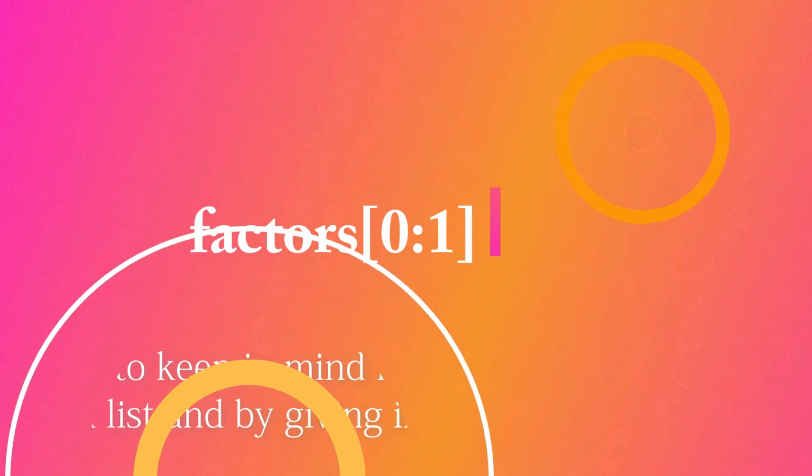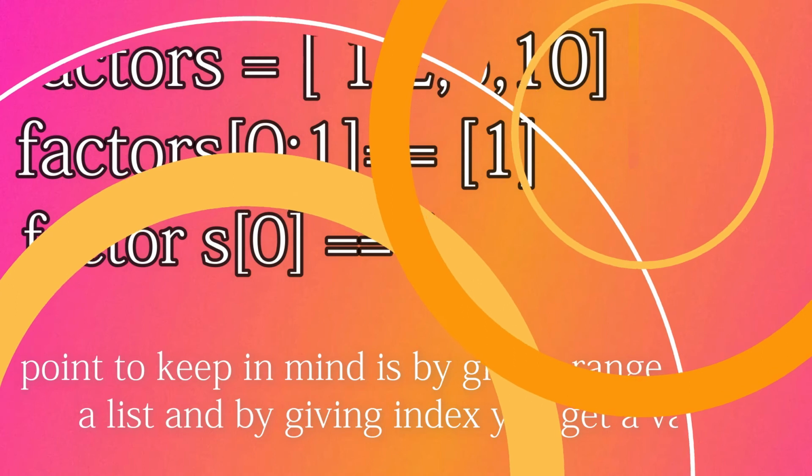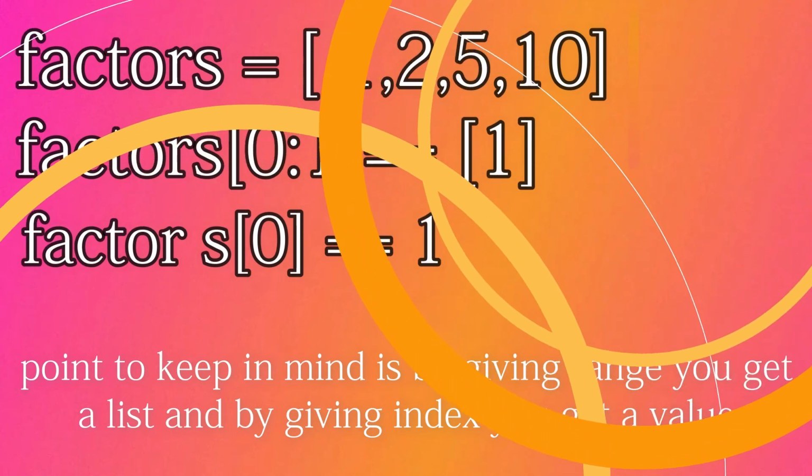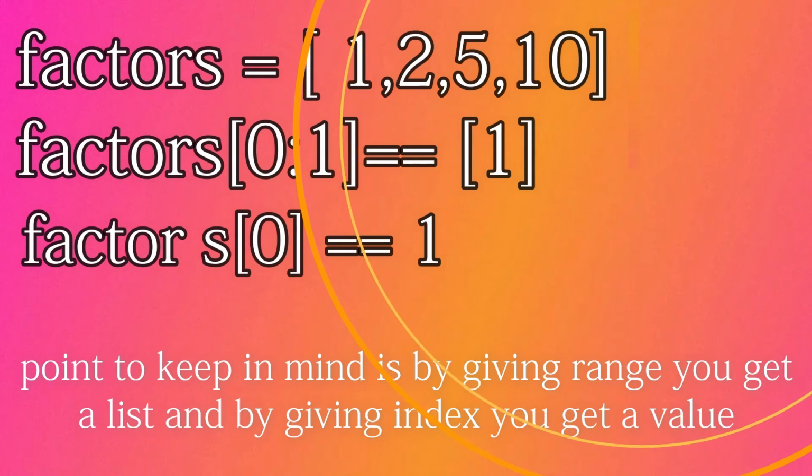Now, whenever you give a range by writing the variable name and declaring the starting and the ending range, you will always get a list. You will never get a value, but instead of a value, you will get a list containing that specific value. So if you are giving a specific index while extracting an element of the list, you will get the value at that specific index.